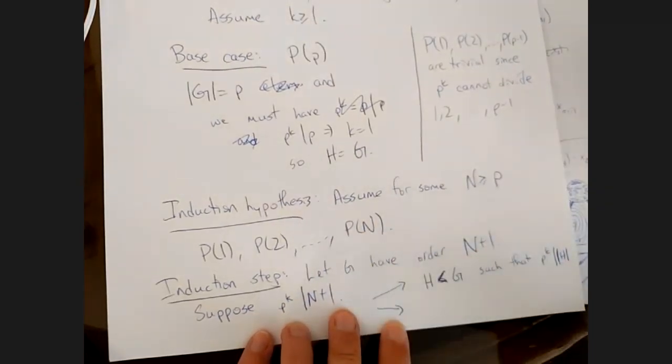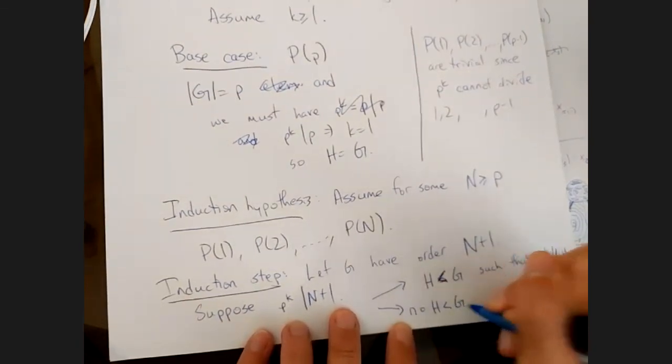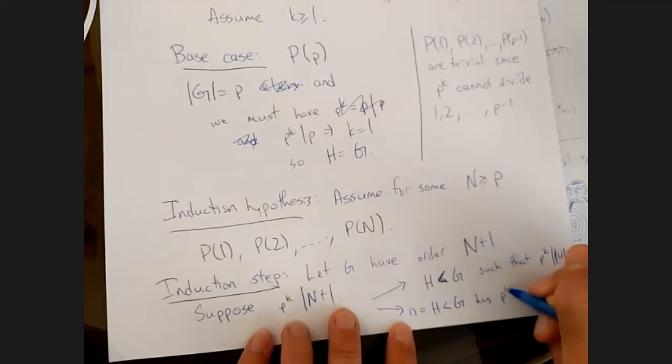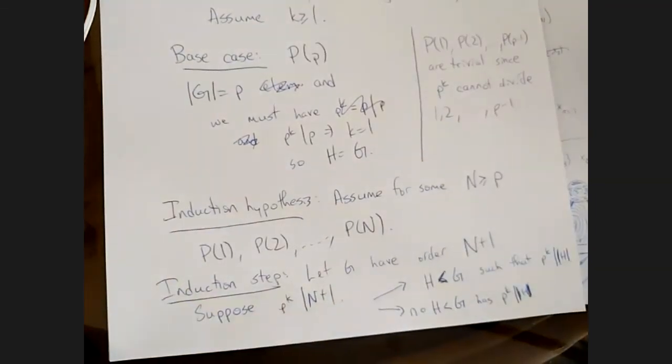The other case is that no proper subgroup has order divisible by p to the k, and then we can do some tricks to get rid of that case.